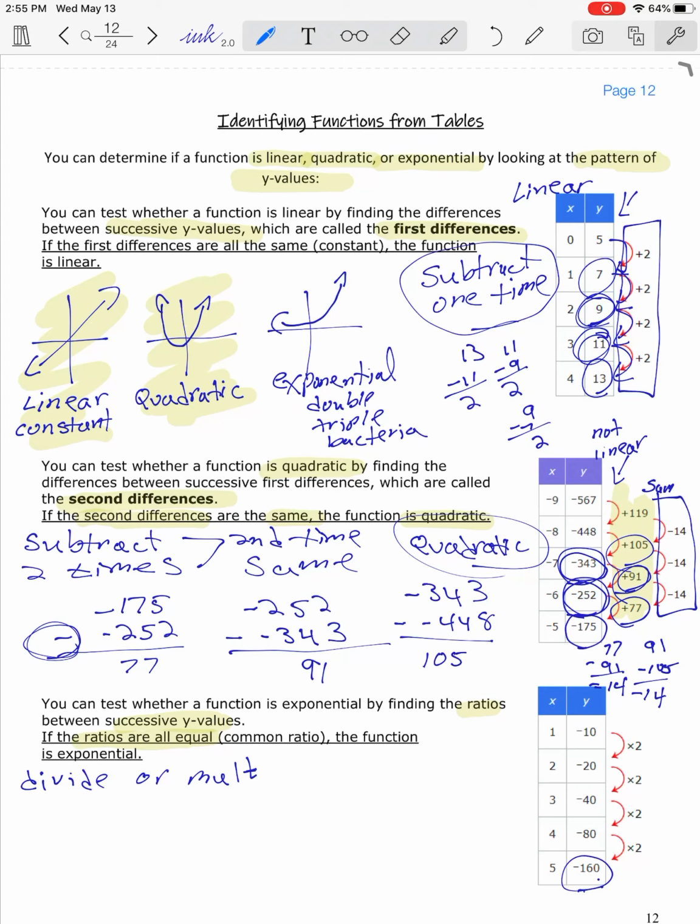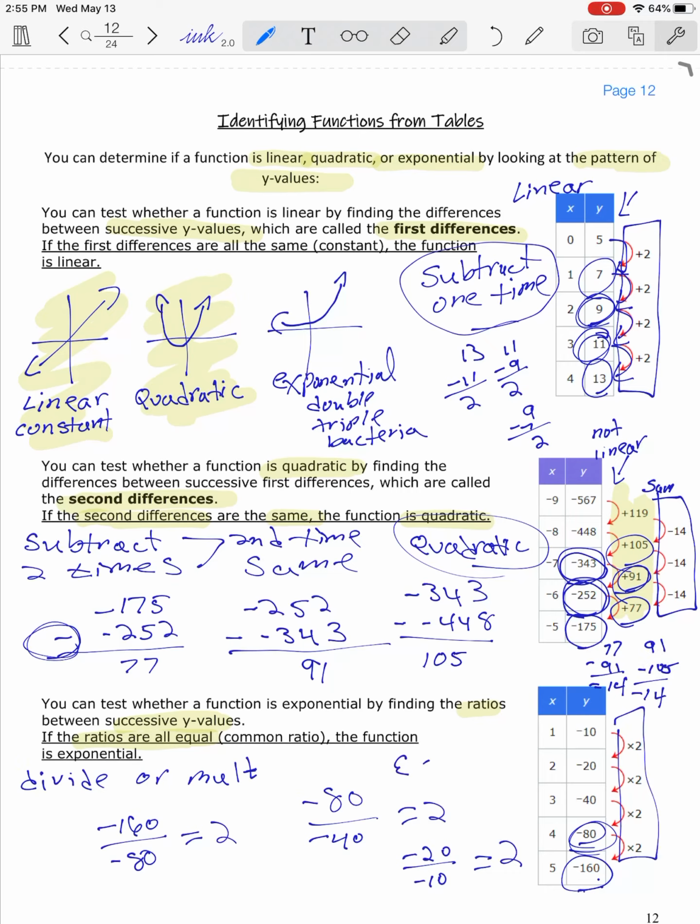There's no subtraction. So I start at the bottom again and just do division. I have negative 160 divided by negative 80, and I'm going to get 2. Try the next one. Negative 80 divided by negative 40, and I'm going to get 2. Negative 20 divided by negative 10, I'm going to get 2. So this time we're multiplying by 2. Anytime you multiply, that's when it'll be exponential. And that means it's going to look like the last one.